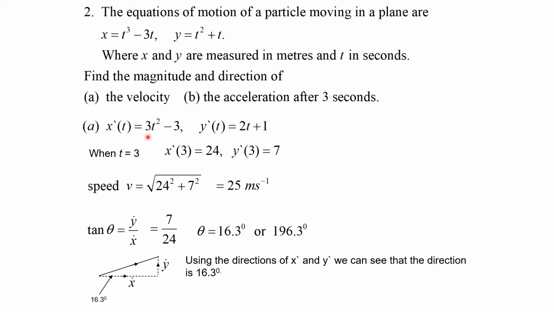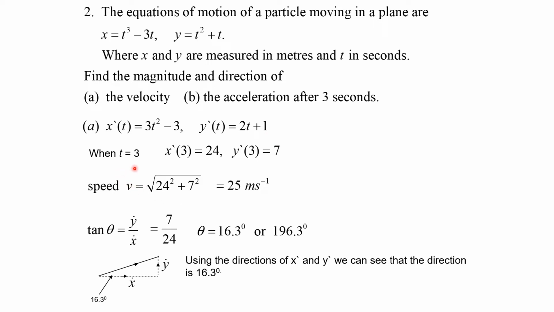So for the magnitude of velocity, in order to find velocity, you need to find x prime and y prime. As you can see here, x prime is 3t squared minus 3. y prime is 2t plus 1.